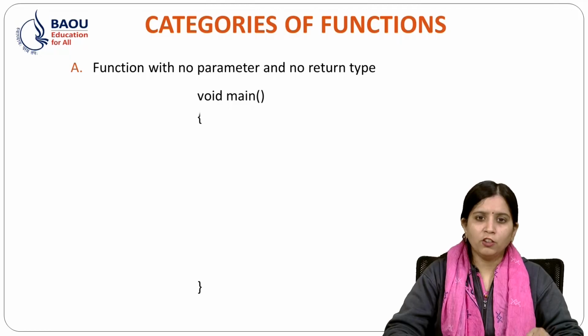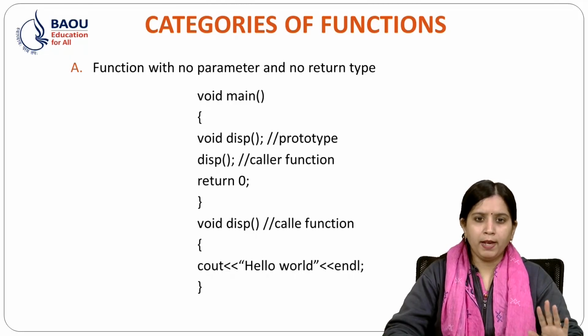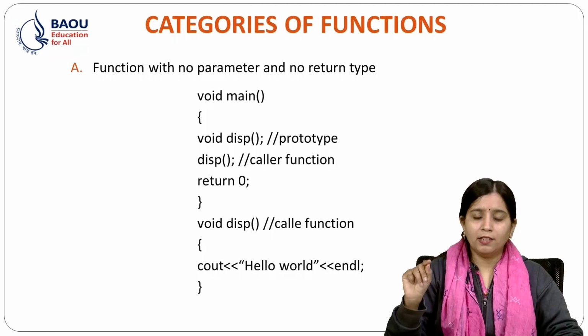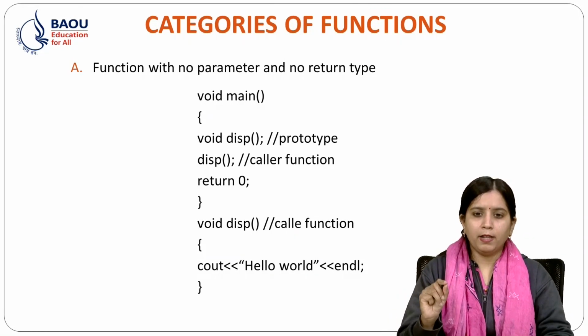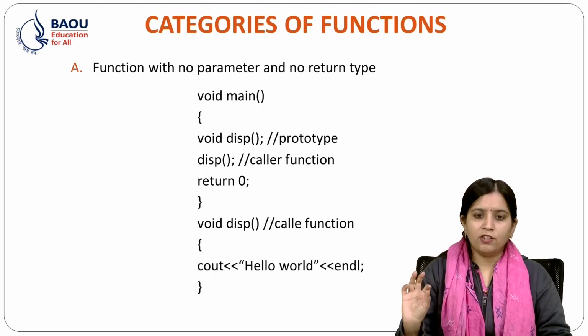So function with no parameters, let's see. I have simply made void display, that is the prototype. After that, I have called function display and return 0 in int main. And void display is the definition of my display function, and in that I just simply print hello world.